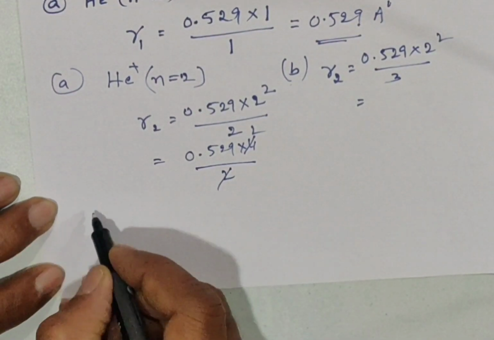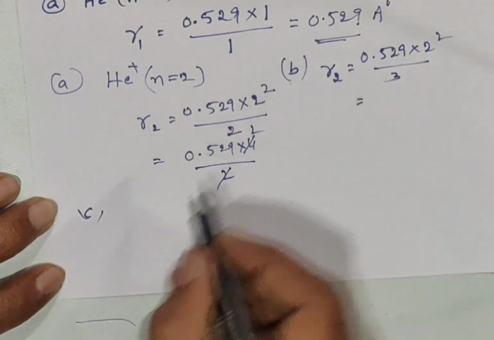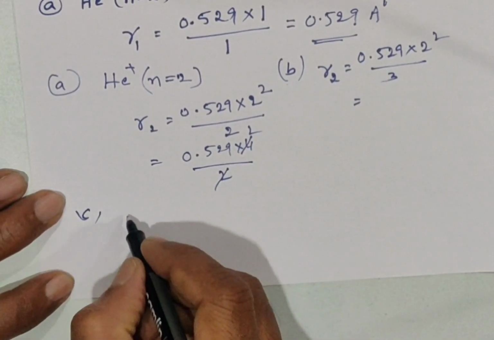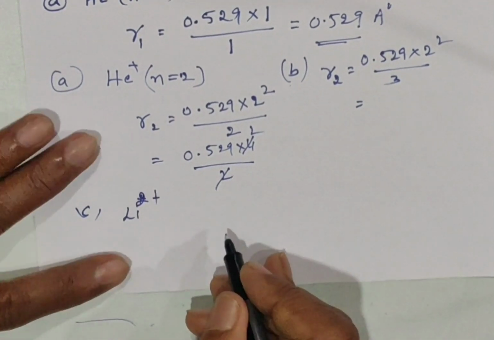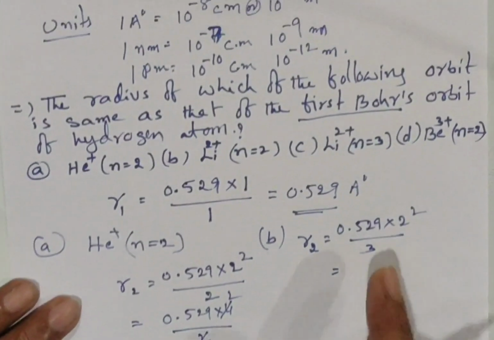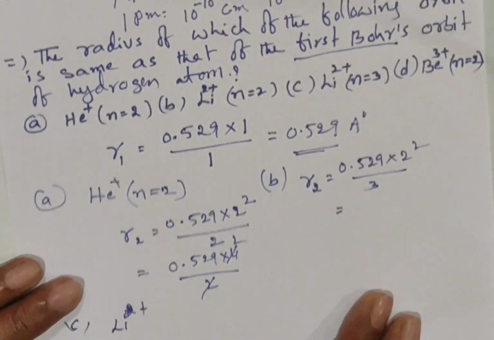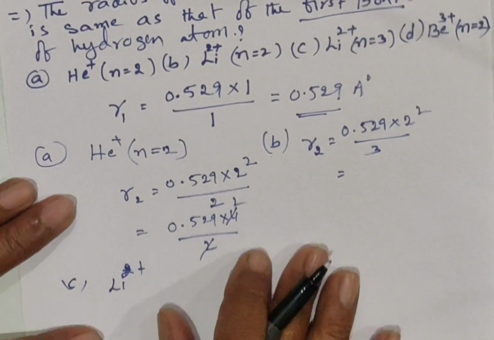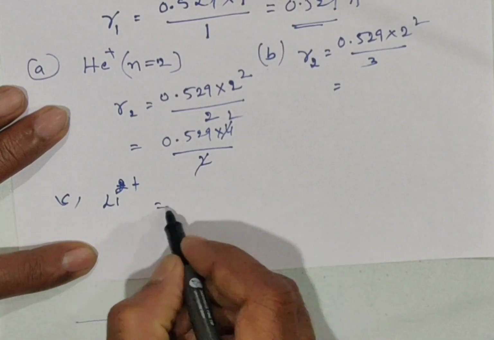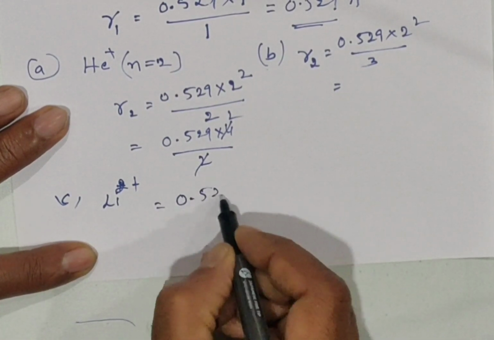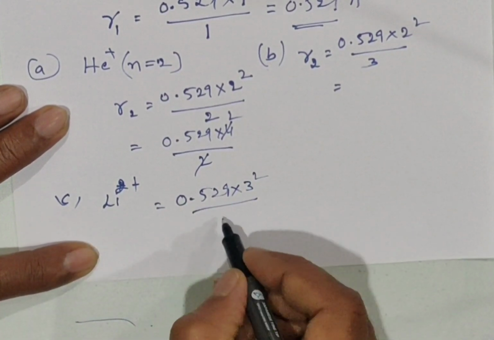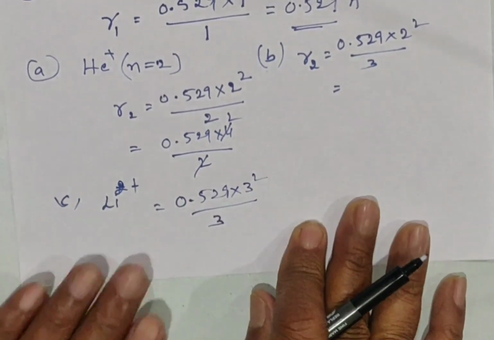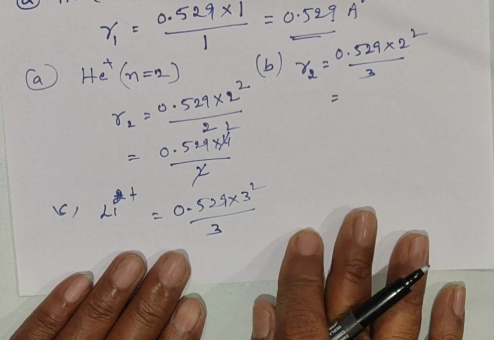Now next one, C. C is the Li 2 plus ion. Here given orbit 3, that is n is equal to 3. That is 0.529 into 3 square by lithium atomic number 3. Now it is also not equal to 0.529.